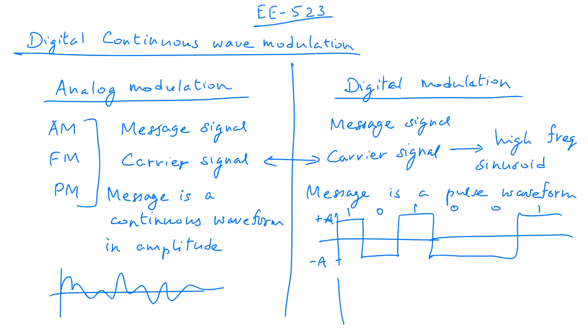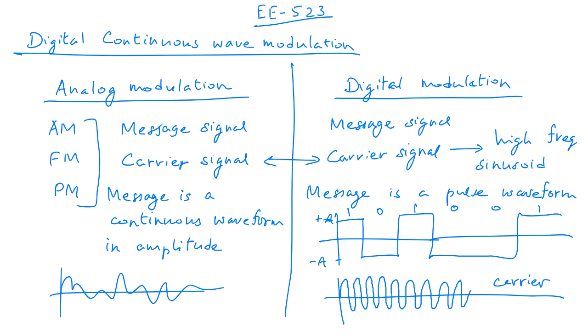Our carrier signal will be a sinusoidal signal of some high frequency. That's the only difference between analog modulation and digital modulation: the carrier remains the same in both, but the message signal is different.